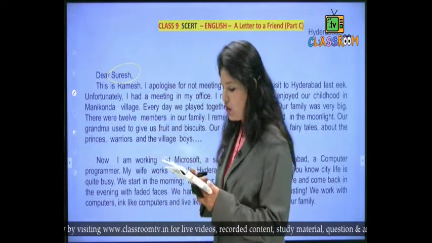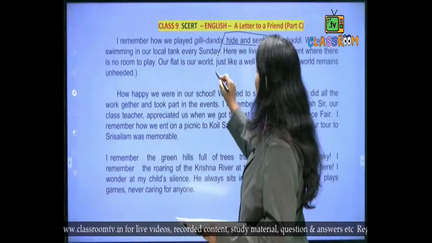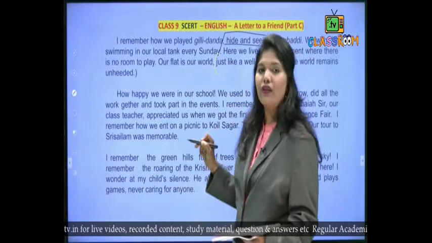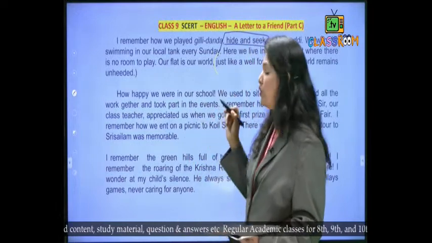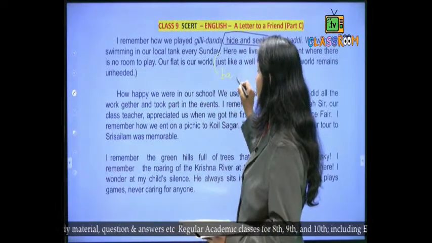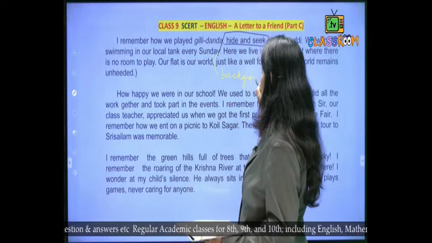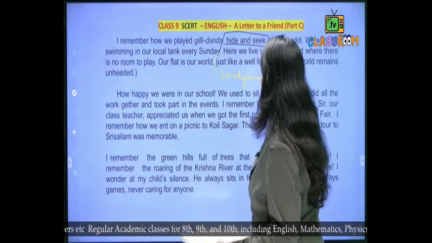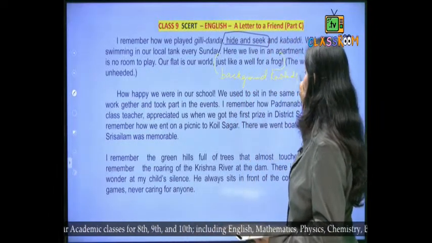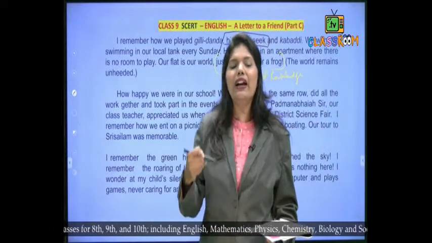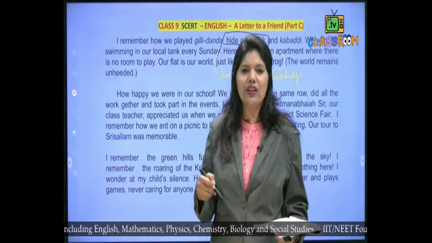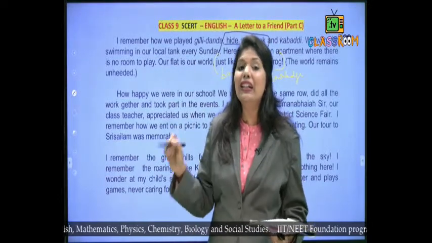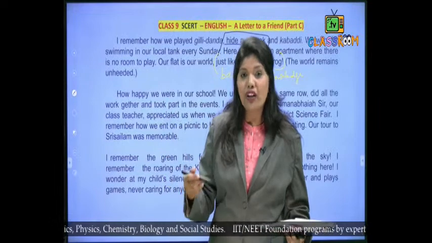Okay, the other one here is "like a frog in a well." Now here, this is something that requires some background knowledge, because this is something that we Telugu people, or we Indians, use. This is an idiom that we Indians use, like a frog in a well.